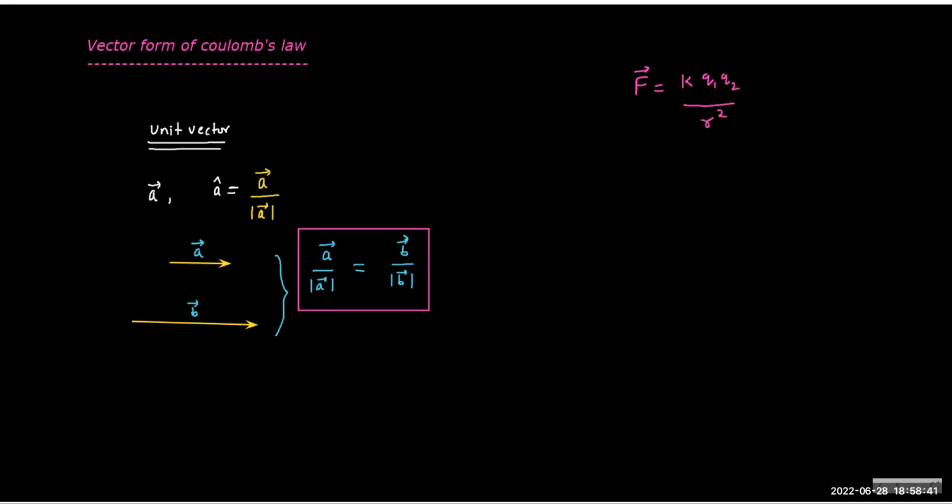This is just the value, the modulus, the magnitude we have written already. Now we would like to write it in vector form. So see how to express it. First of all, let's say we have two charges Q1 and Q2, and this is some random origin.